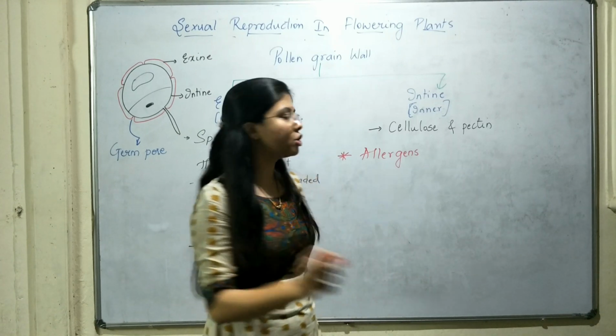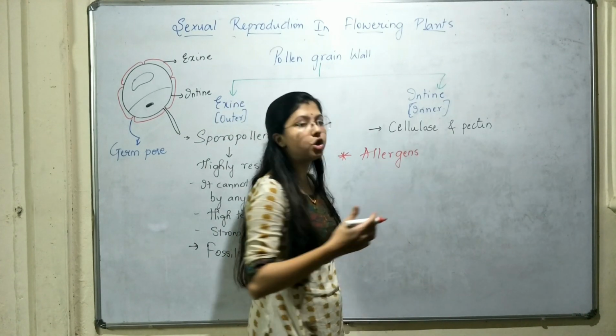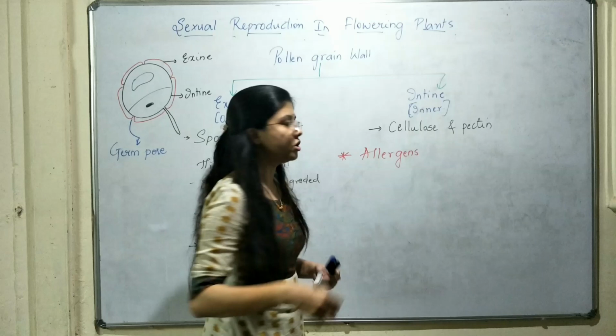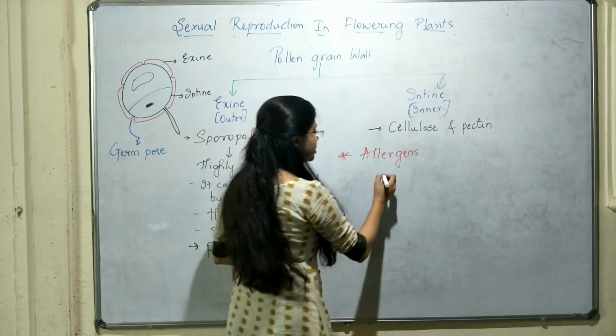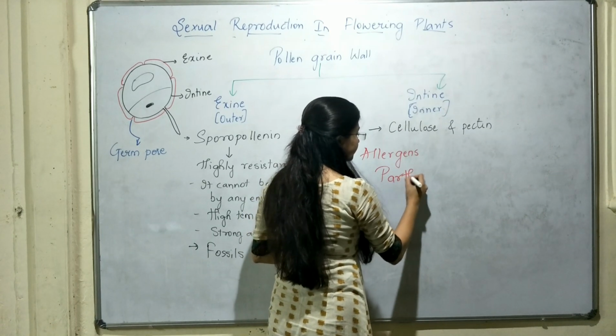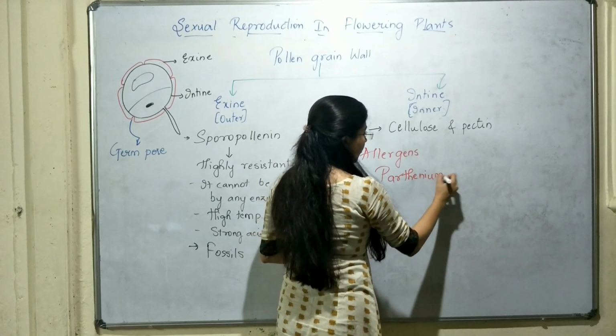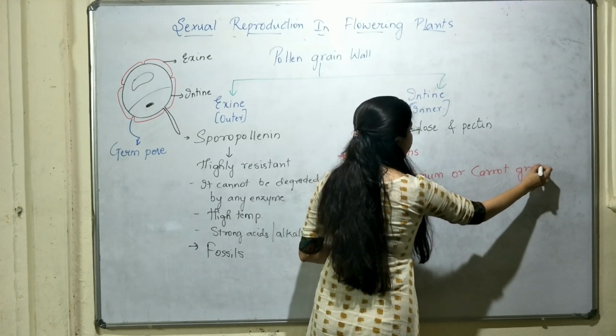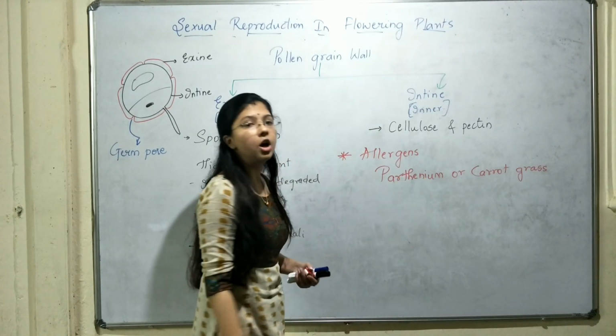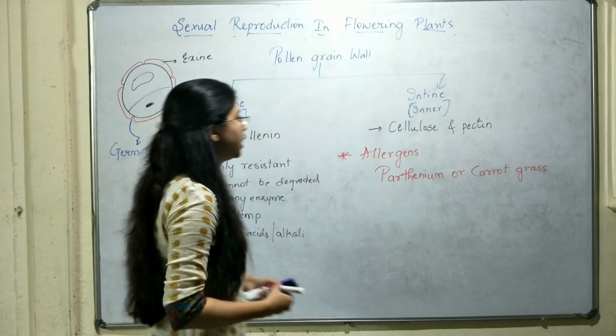That dust consists of the pollen grains of certain species which act as allergens. One of the very common pollen allergens found in India is that of Parthenium, or it can also be called carrot grass. This was brought to India along with the wheat species.